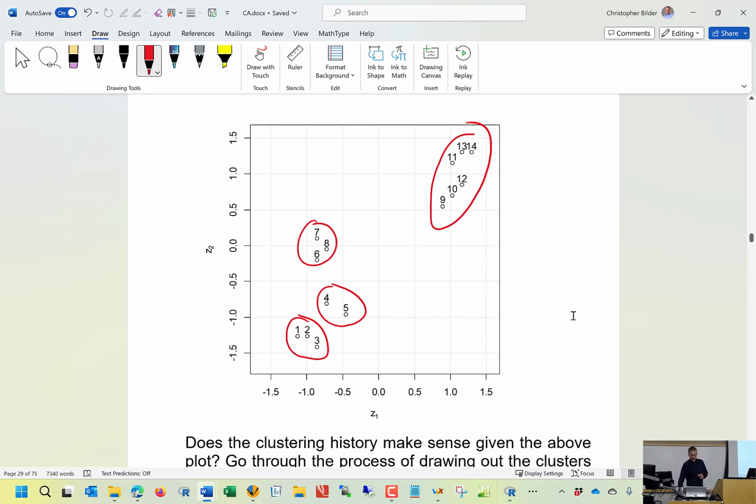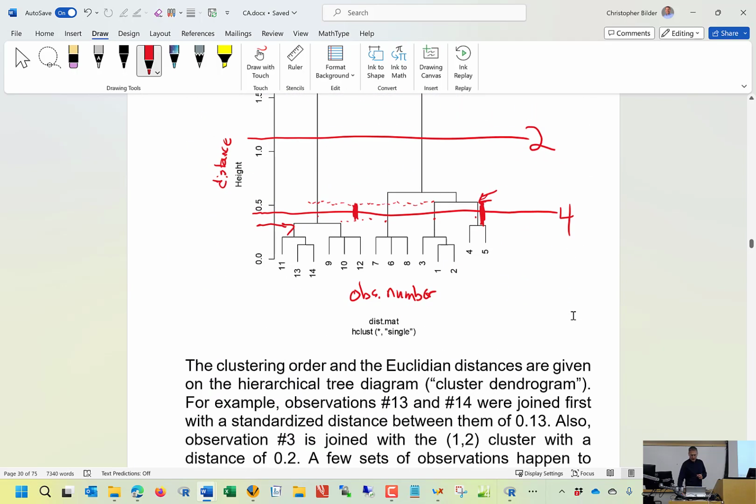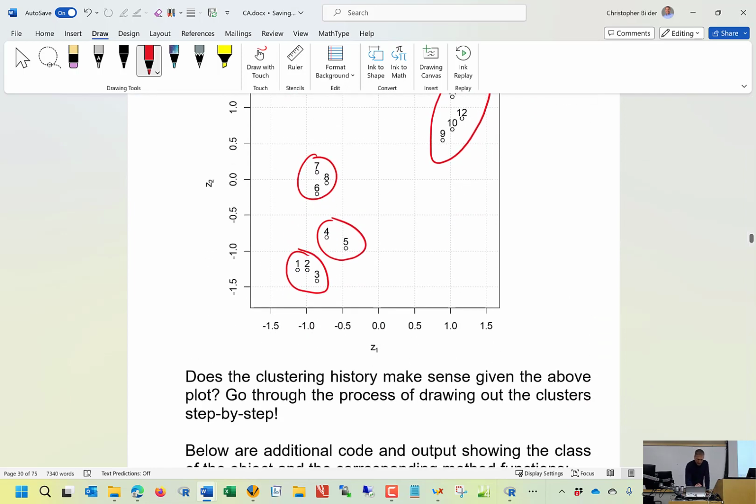Now, let's see here. Look at what was joined next and after that. Essentially, it was these points. These are joined next. Relative to cluster analysis, that makes sense for those to be joined next.